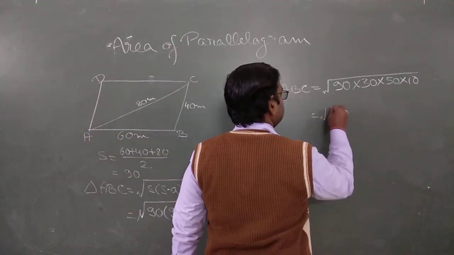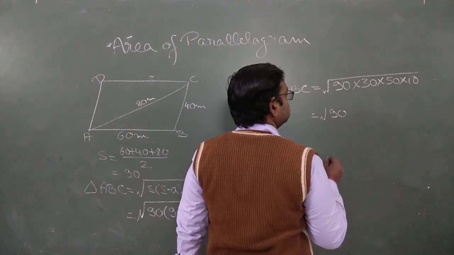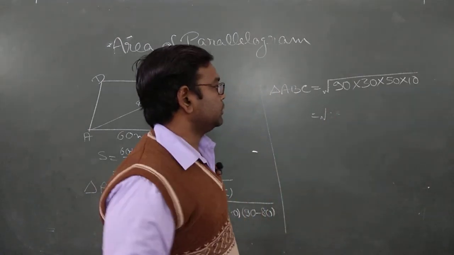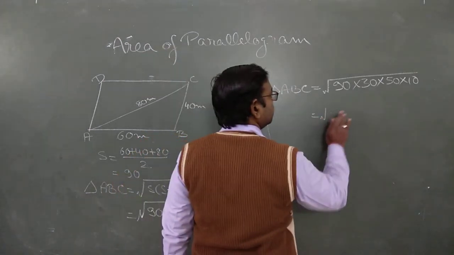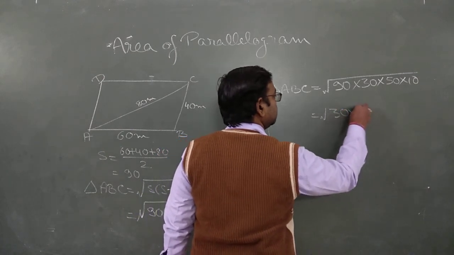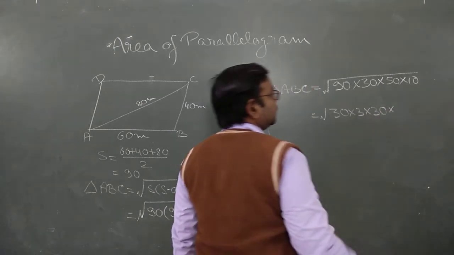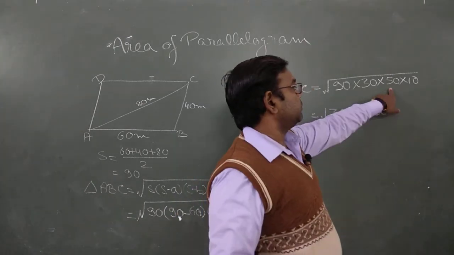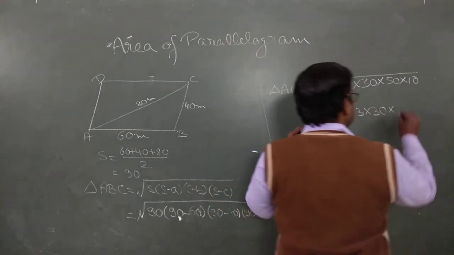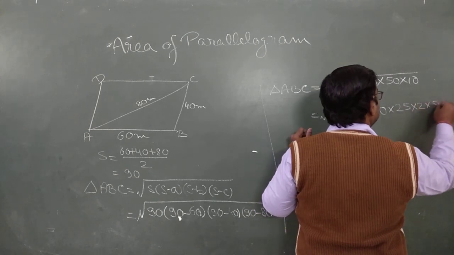It's again 90. If we try to convert into pairs, we can easily find out the pairs. It's 90, we can write 30 into 3, and then 30 we have. Then in this case we can write 25 into 2, 5 into 2.